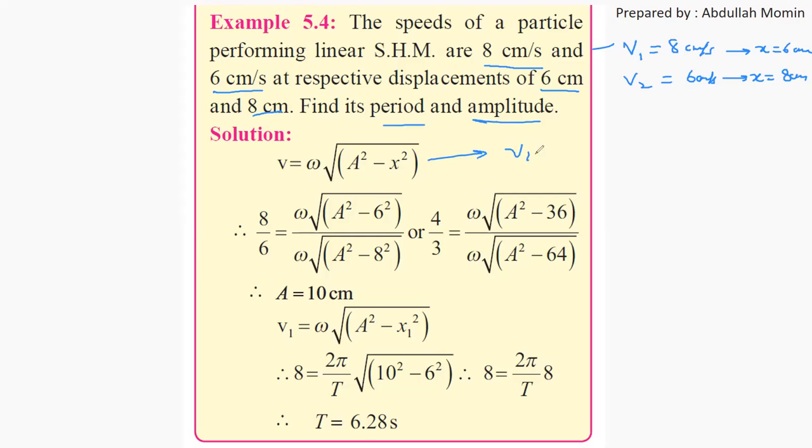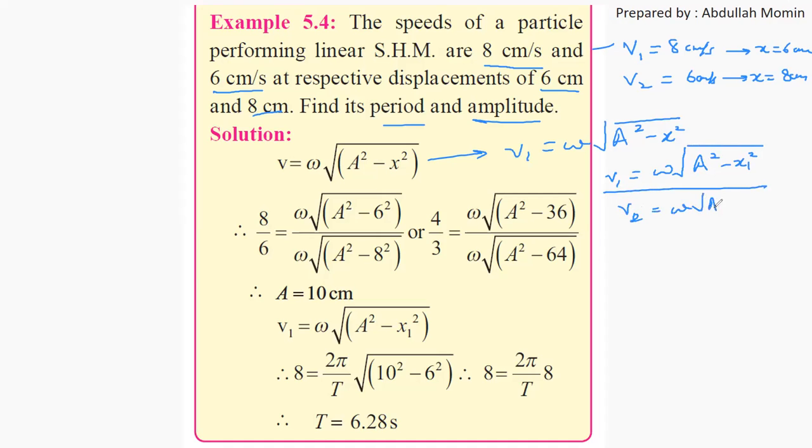So we have the equation speed is equal to omega root(a square minus x square). So we can write v1 is equal to omega root(a square minus x1 square), and v2 is equal to omega root(a square minus x2 square).